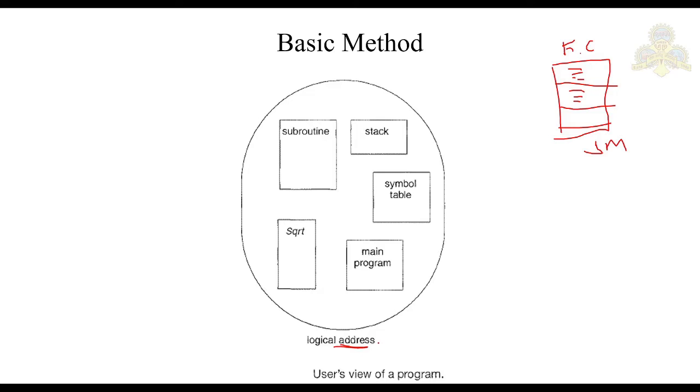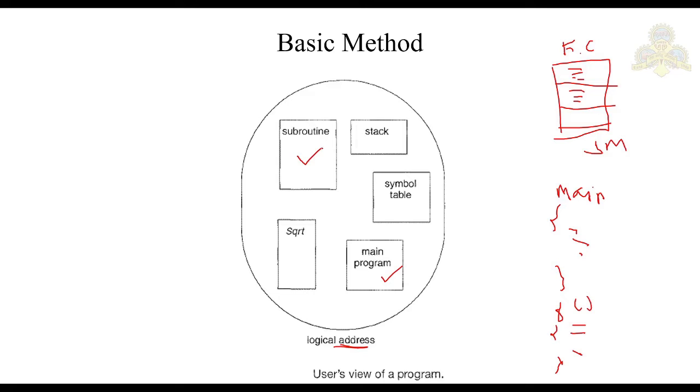So in the logical address, the user prefers to see the program like this. Suppose you have factorial.c, you have a main program. So you have written a main function, right? And in main you have written some lines, and then say you have written a factorial function separately, right? Again, this will be present in your program itself. But how it is saved is that main is kept as one segment, and your function is in another segment.